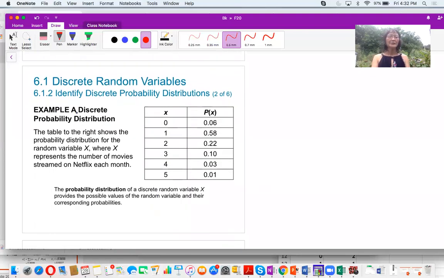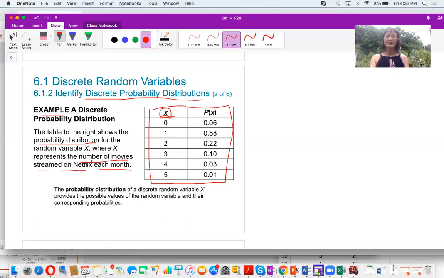So next, we are going to identify discrete probability distributions, and we are going to use this example. This table shows the probability distribution for a random variable X. X is a random variable, and this random variable represents the number of movies streamed on Netflix each month. Each month you have some movies streamed on Netflix.